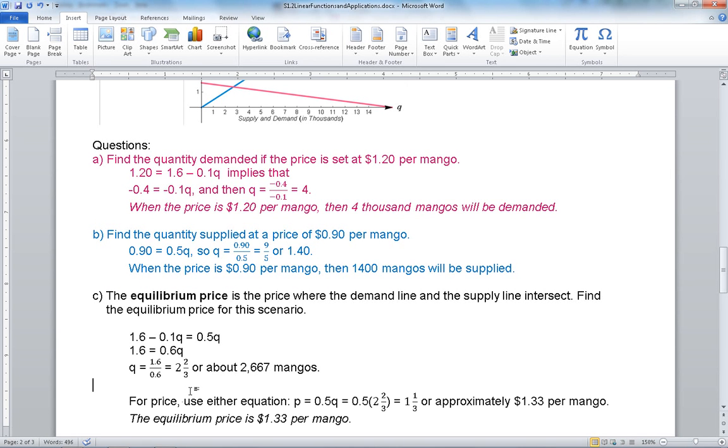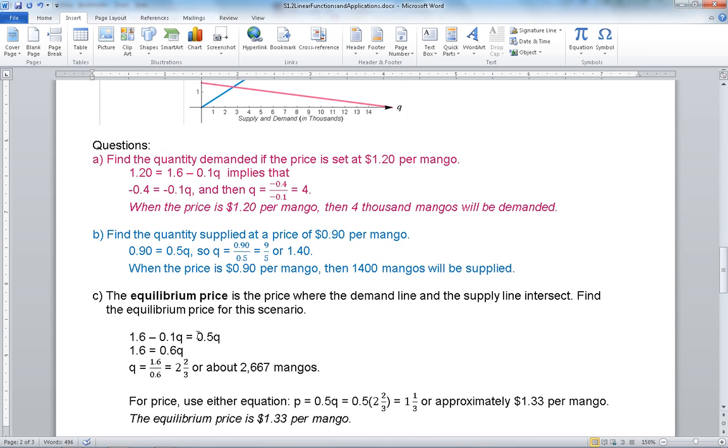Now to find the actual price instead of the quantity, we could use either equation. We could plug the 2,667 mangoes into the equation, but keep in mind Q is in thousands, so we really need to plug in the 2 2/3 value.